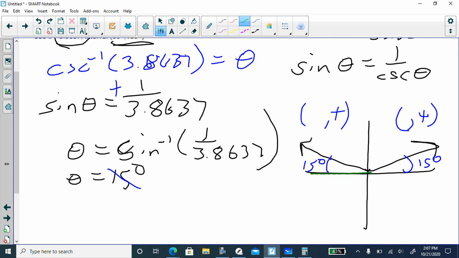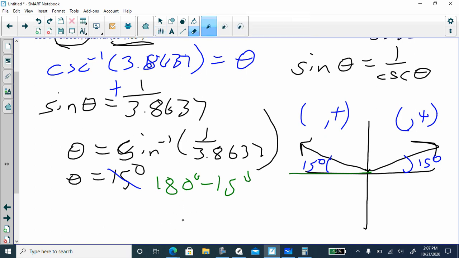Remember, 180 is here, so that 15 degrees is before 180. So 180, go backwards 15 degrees, and that would get us to 165. So that's the angle we're looking for.